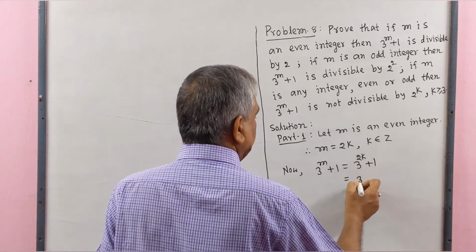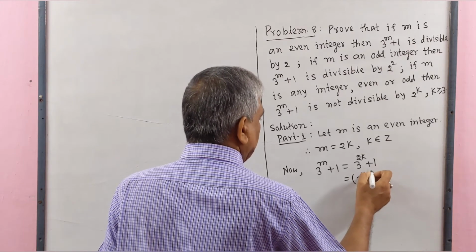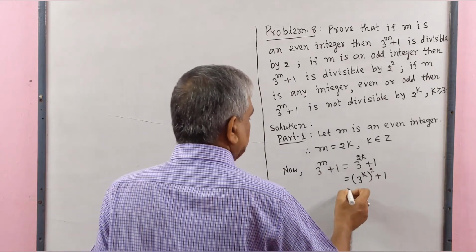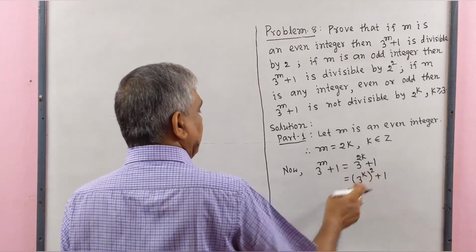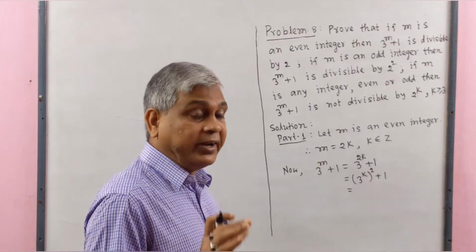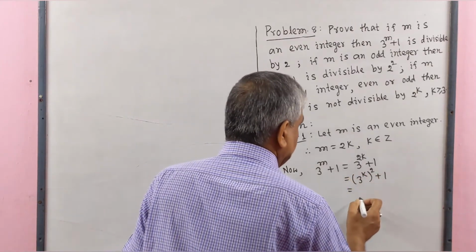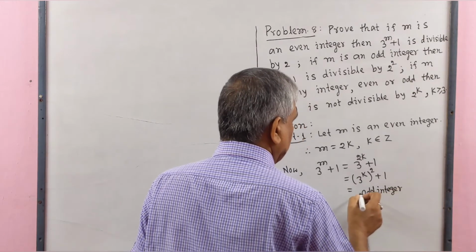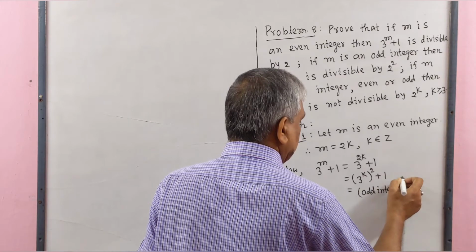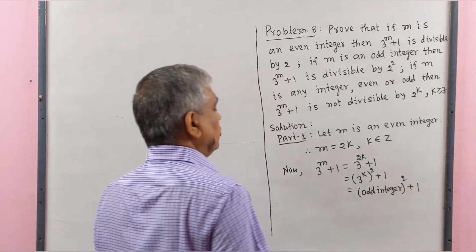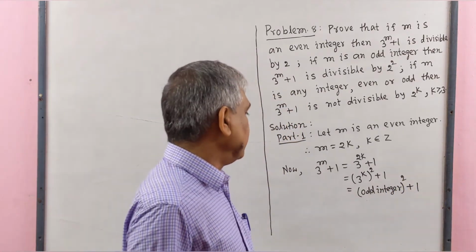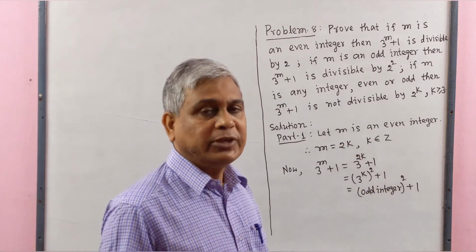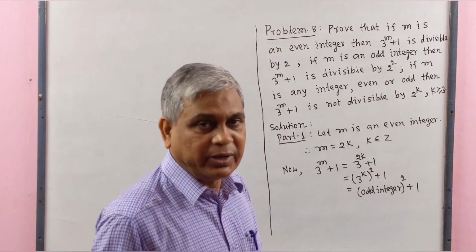This equal to 3 to the power k whole square plus 1. 3 to the power k is an odd integer, and this odd integer whole square plus 1. We know that the square of an odd integer is of the form 8m plus 1.